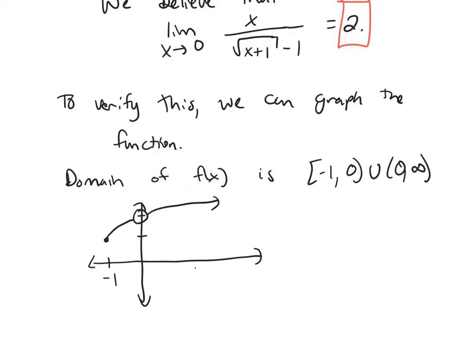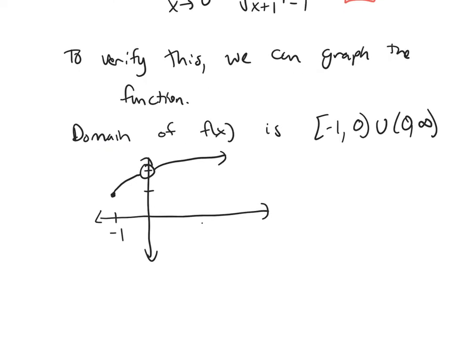And your graph looks like this. So graphically, if I approach 0 from the left, I'm getting closer to the y value 2. If I approach 0 from the right, I'm getting closer to a y value of 2.